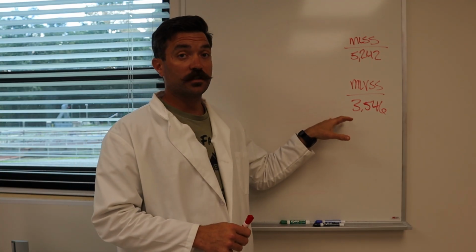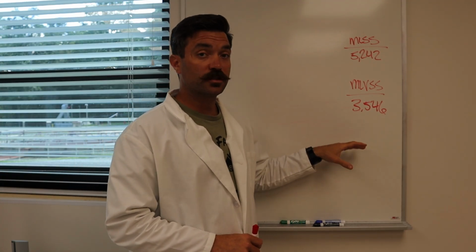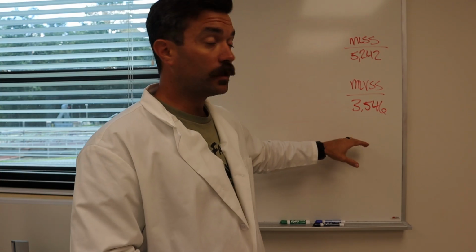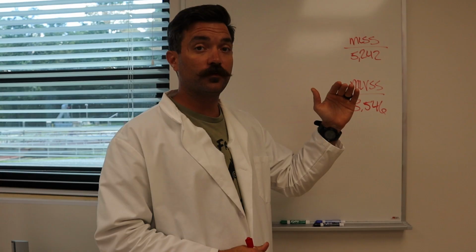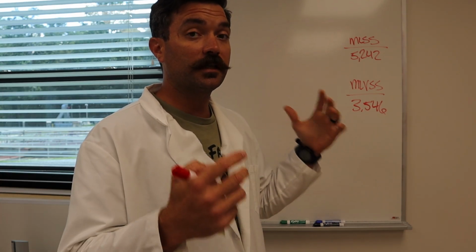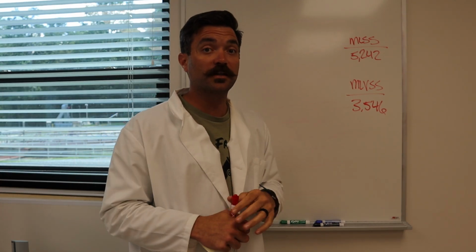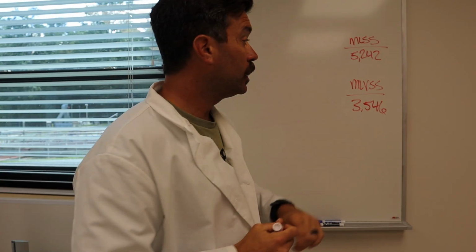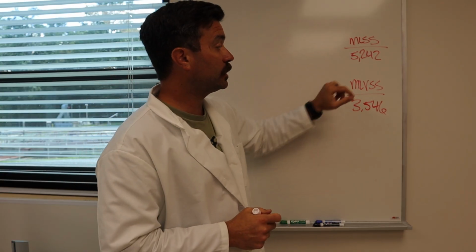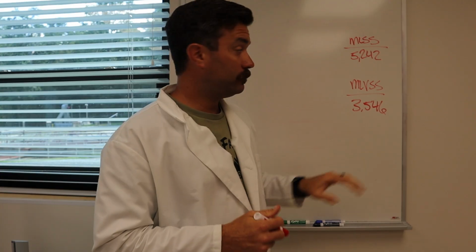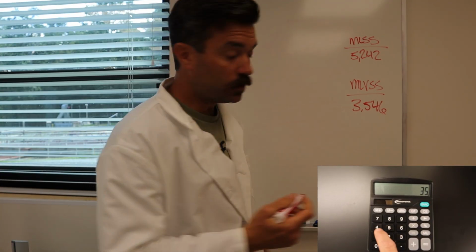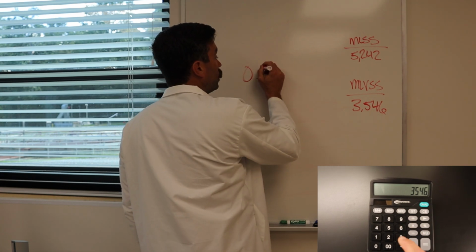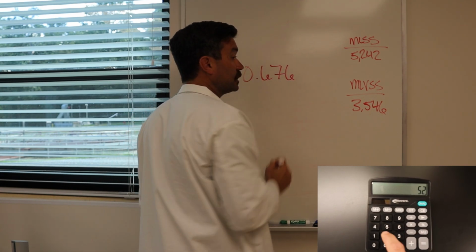Now, if you wanted to go a step further and actually know the percent volatiles of your actual sample, know how much percent of the sample was actually alive, organic, or doing the actual job that you needed to do out there, you simply divide your volatiles by your mixed liquor, and when you do divide that, you get a 0.676.